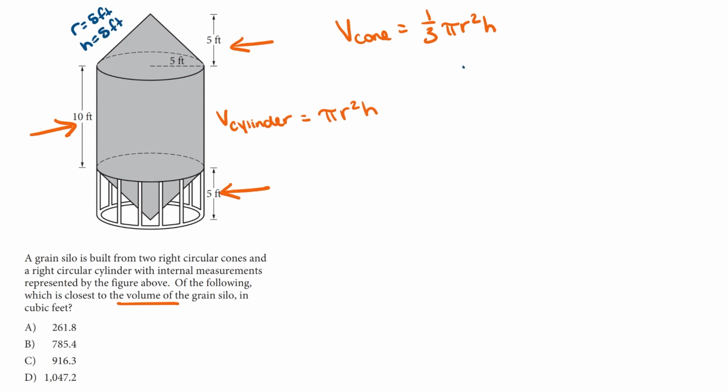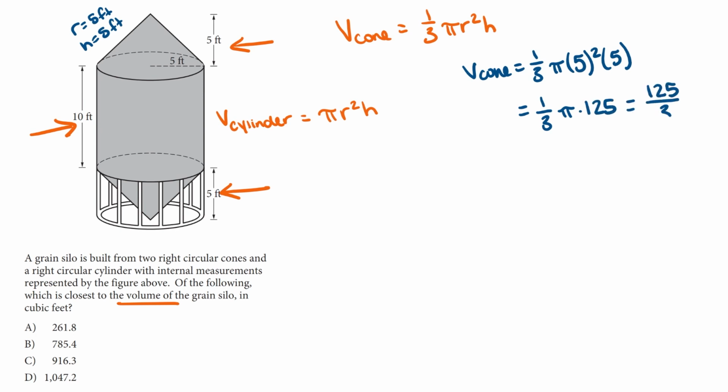So the volume of our cone will be equal to 1/3 pi times 5 squared times 5. So that's going to be 1/3 pi times 125. And for now, I'll just write that as 125 over 3 pi. We'll simplify later once we have all of our values. That way we can get as close as possible to our exact value.